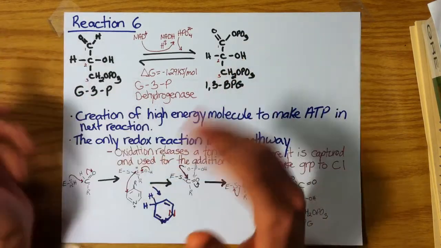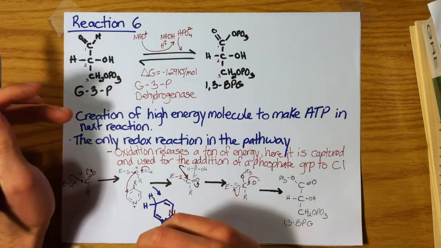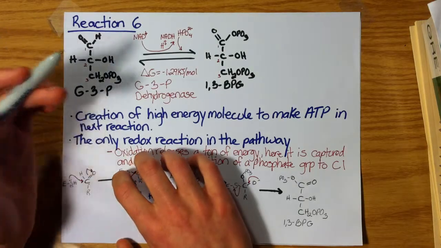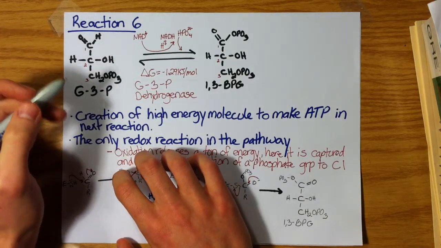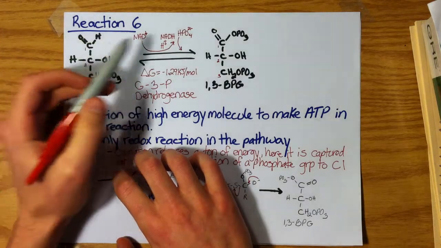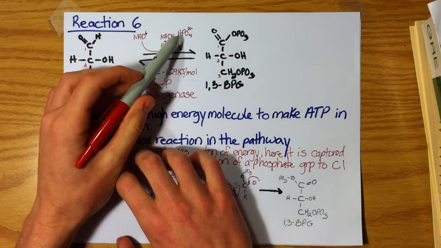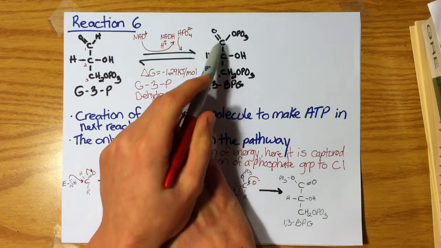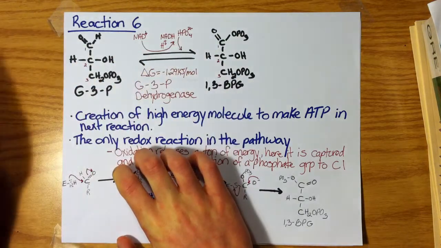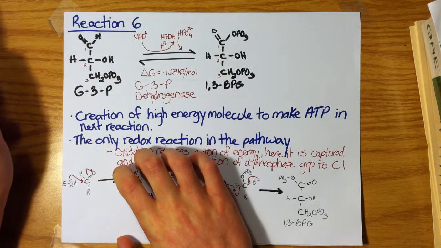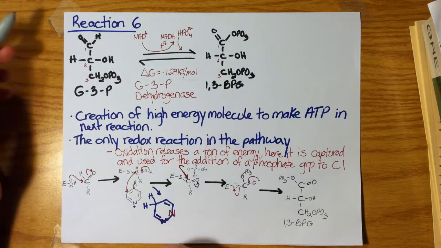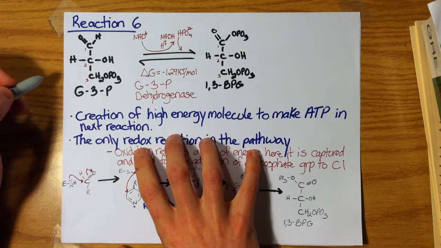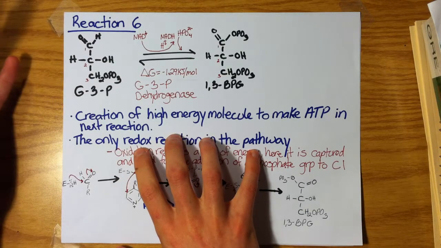So instead of releasing the energy as heat, like we see with a lot of reactions, such as burning of fuel, we are going to capture that energy and use that to make this high energy molecule with its acyl phosphate off of carbon 1. Okay, so again, to recap, we are creating a high energy molecule to make ATP in the next reaction.